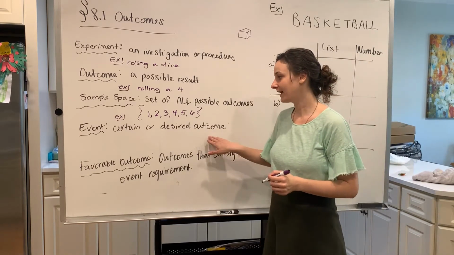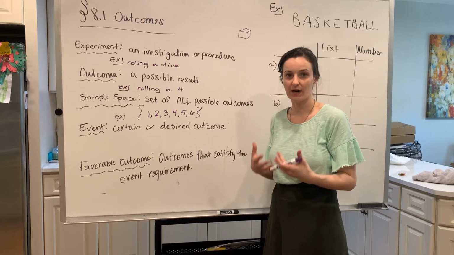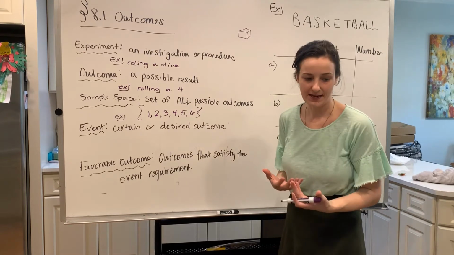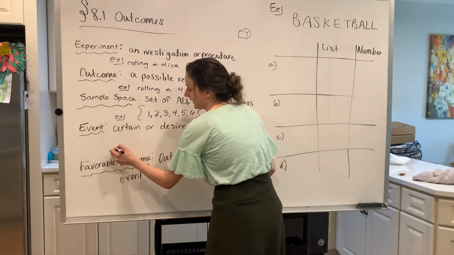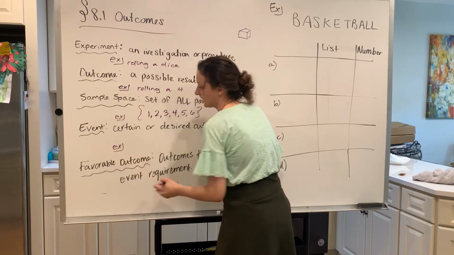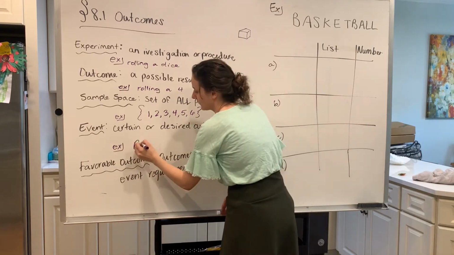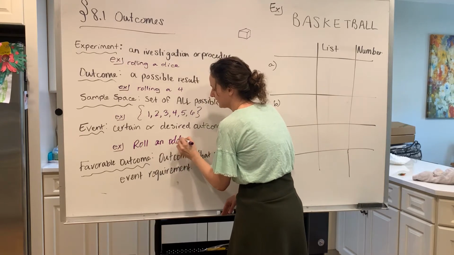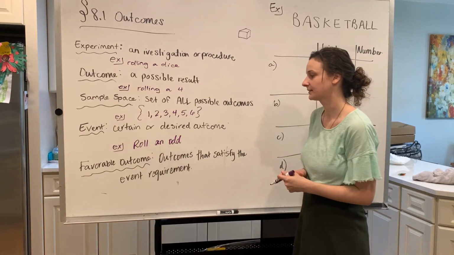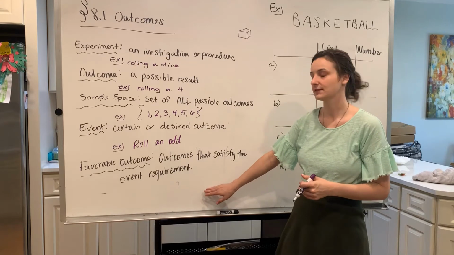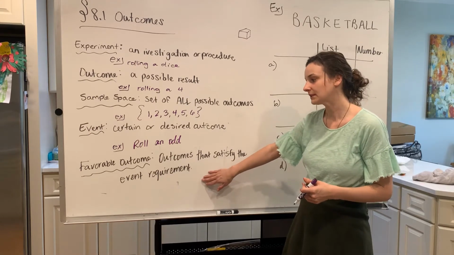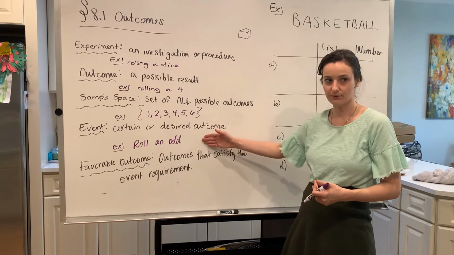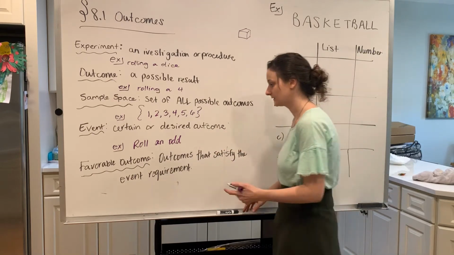And we call it an event if you are looking for a certain or a desired outcome. So I could say, I'm going to be rolling some dice, and the event will be to roll an odd number. To roll an odd number. And the favorable outcomes of the situation are going to be the outcomes that satisfy the requirement of rolling an odd.